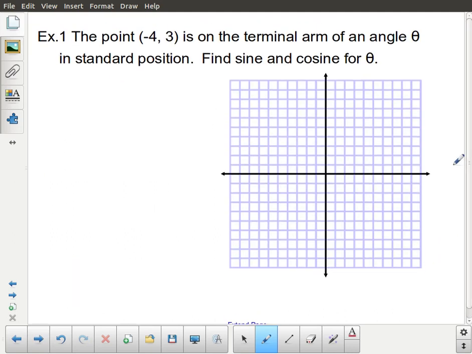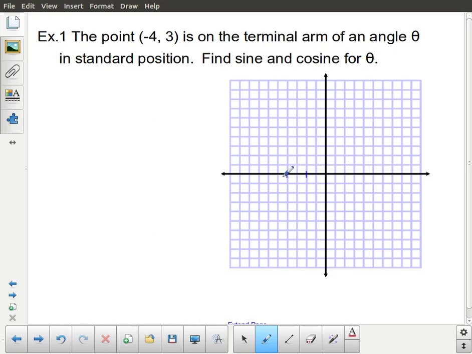So I'm immediately going to take that definition and try to apply it to something quite different, because now I'm referring to the point -4, 3. So instead of being in quadrant 1, I'm going to move over to quadrant 2. So let's see what we get.